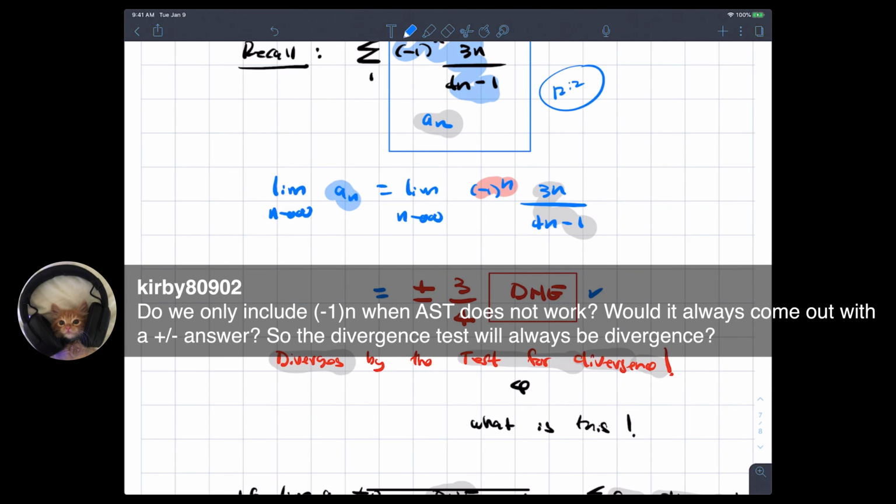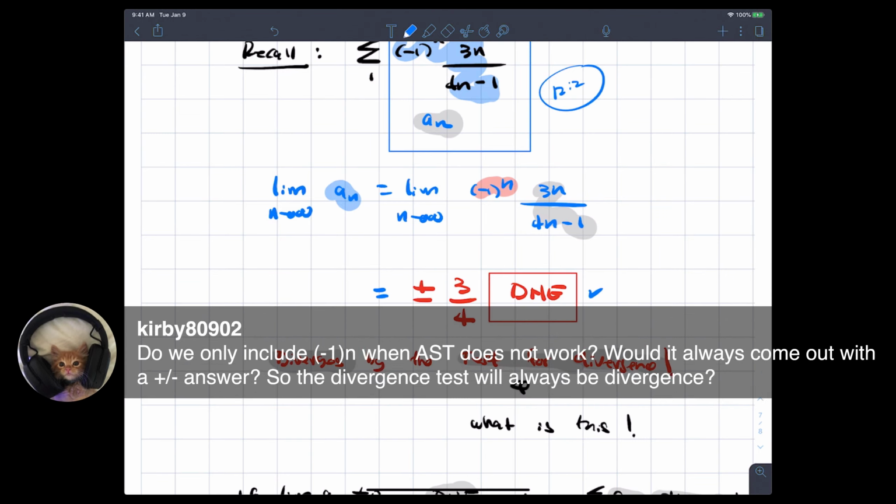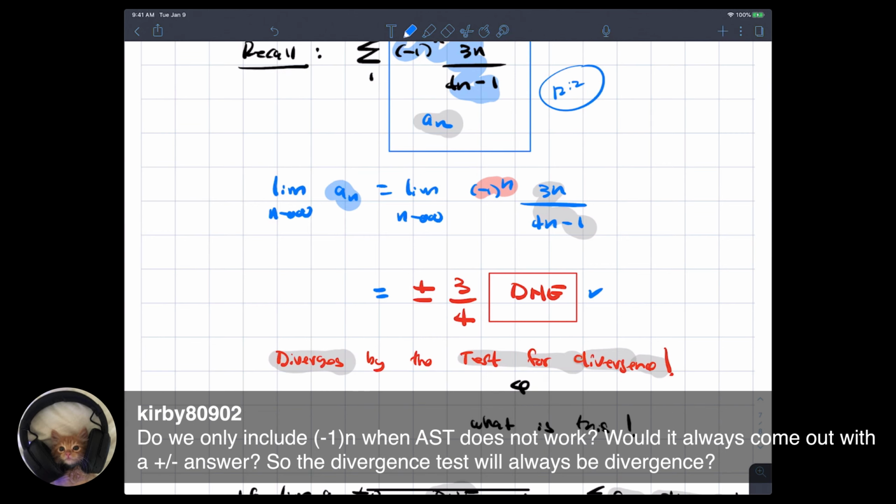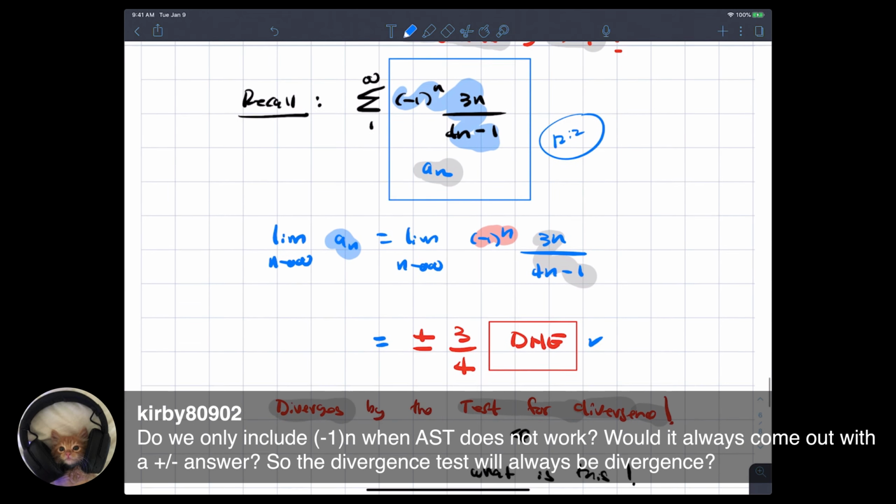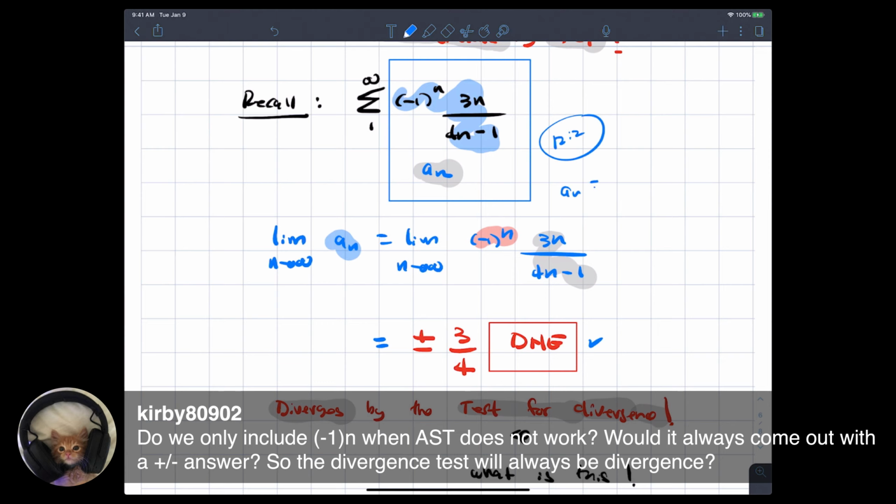Do we only include this when the thing does not work? No, you include the whole series, meaning this is what an is. An is (-1)^n times 3n over 4n minus 1. You include the whole thing, the portion that describes your series.